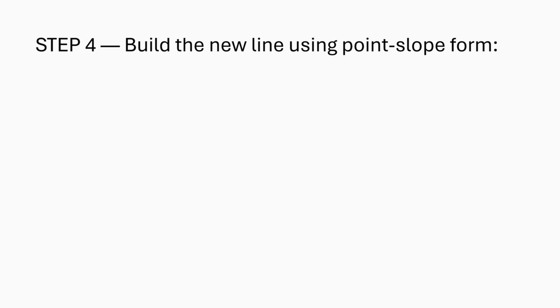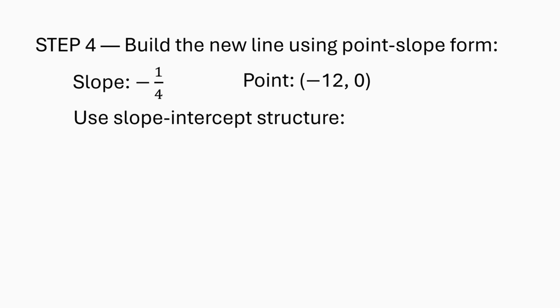Step 4. Build the new line using point-slope form. Slope = -1/4. Point is (-12, 0). Use the slope-intercept structure, y = mx + b.